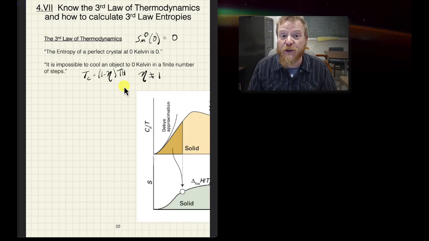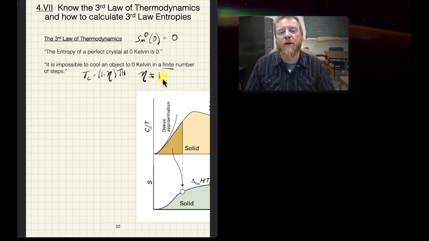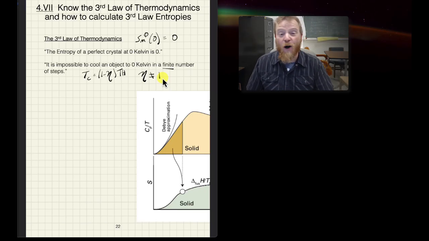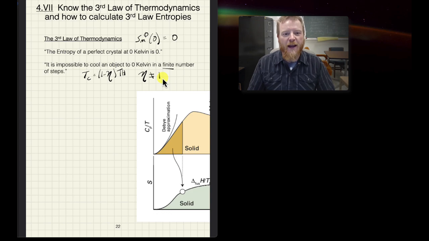We can get very close to that. And in this whole business of a finite number of steps, in each one of these steps, we could pump heat out of an object, although never at 100% efficiency. So we can cool it down a little bit, and then a little bit more, and then a little bit more, but we can never quite get to 0.